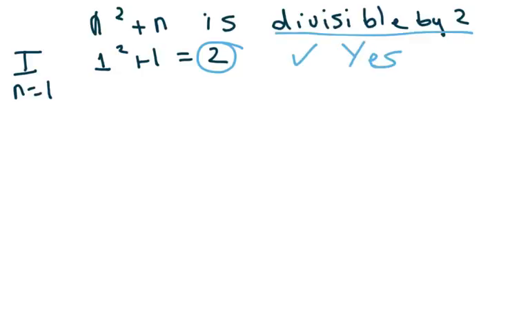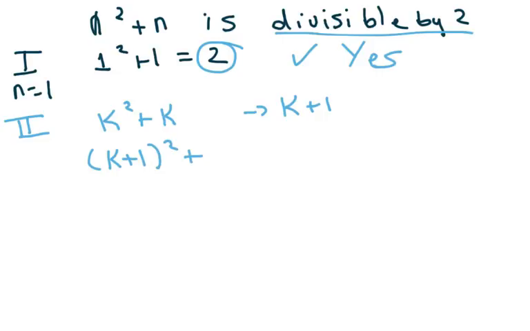Now we're going to check for condition 2, and we're going to change everything to k squared plus k. Is this divisible by 2? We're going to check for k plus 1. So basically, we're going to write (k plus 1) squared plus (k plus 1). Everywhere there's a k, I'm going to put a k plus 1.